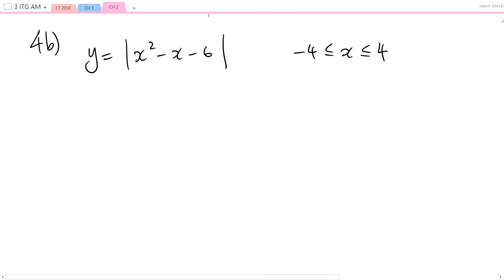Okay, so we established already. First step must sketch without the absolute symbols. Then it becomes an E-Maths topic. Sketch quadratic graph. How do we sketch quadratic graph? No, I said sketch.